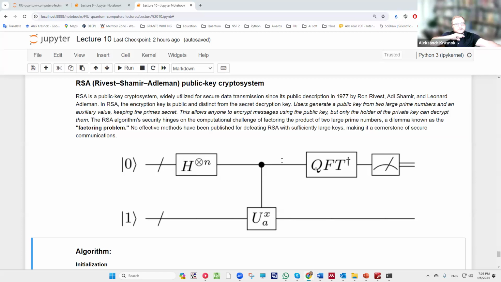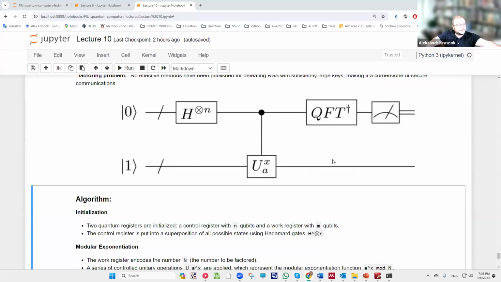So this area is developing very fast, and this was the introduction to the area.